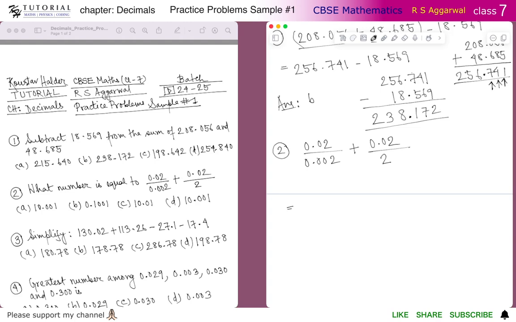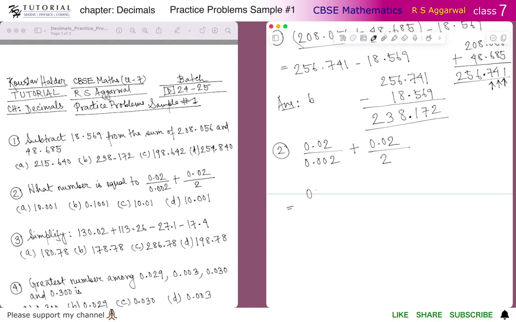So if I convert in the first term the numerator, that is 0.02, to a fraction, what will it be? So how do we convert a decimal number to a fraction? We first write the decimal number without the decimal point.